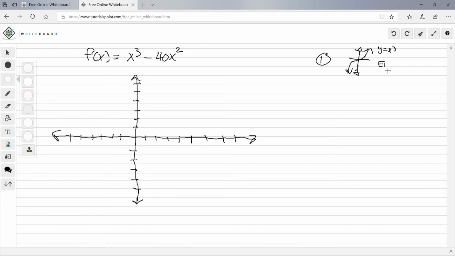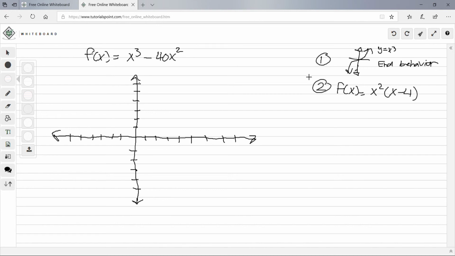What else do we know? Our factor form is f of x equals x squared times x minus 40, and we got that by using the rational zero theorem and synthetic division.